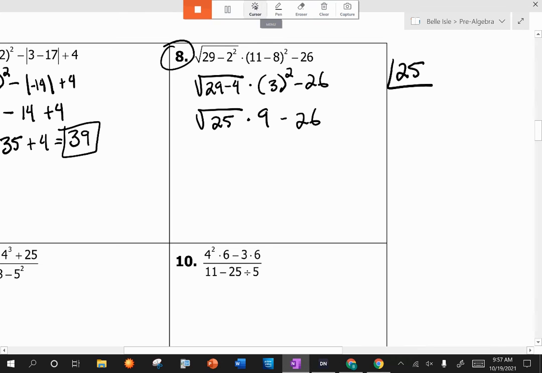Okay, since we have a little square root of 25 on number 8, I will show how you find the square root over here on the side so you can see it, if it won't keep freezing on me.